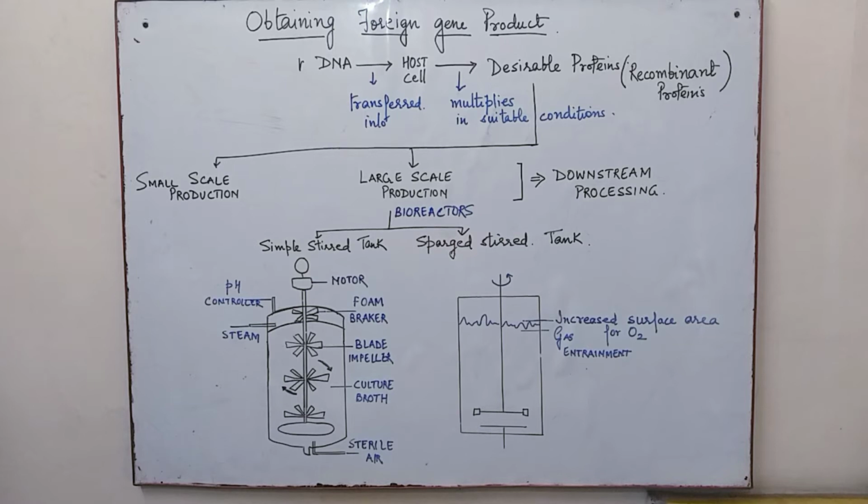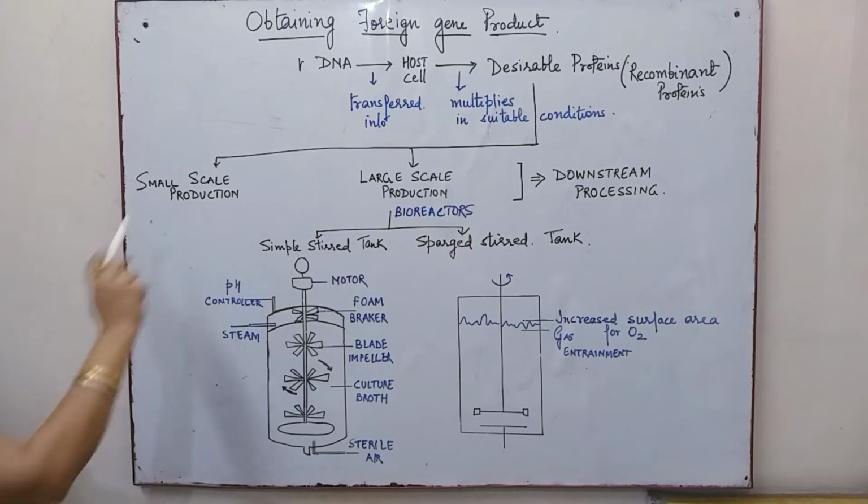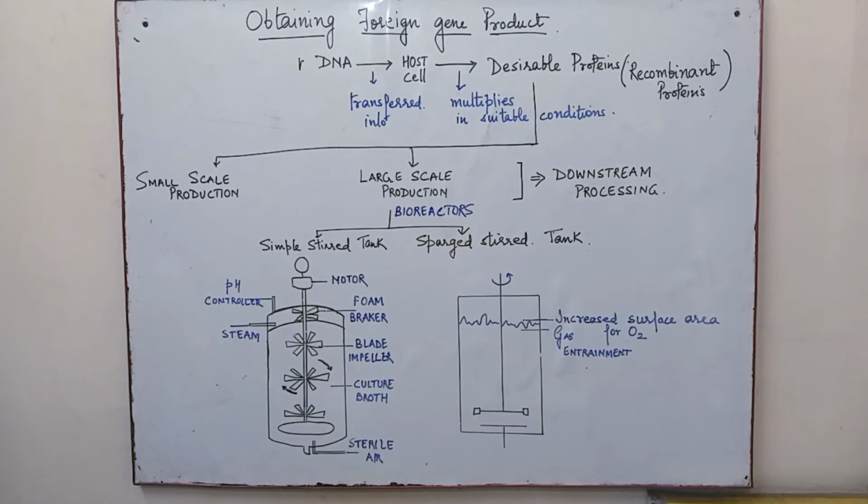Now, as told, the important aim is to achieve the desirable proteins or the recombinant proteins. For this, the foreign gene product can be produced on a small scale or it can be a large scale production. Two types of production we have.